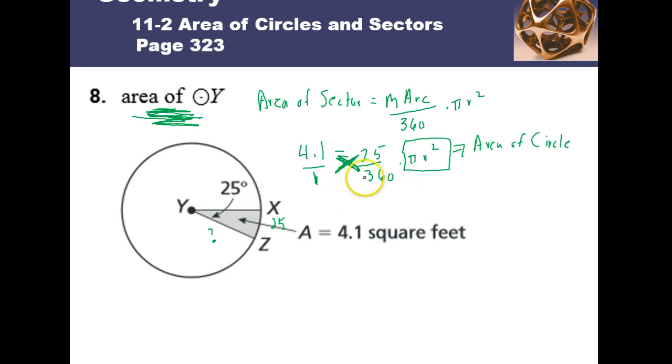So 1 times 25 pi r squared is going to be 25 pi r squared. And that's going to equal 4.1 times 360. And the 4.1 times 360 is 1476.